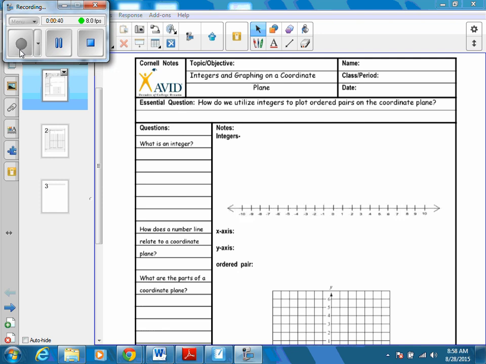Our essential question says, how do we utilize integers to plot ordered pairs on the coordinate plane? Let's go ahead and write a definition for what an integer actually is.